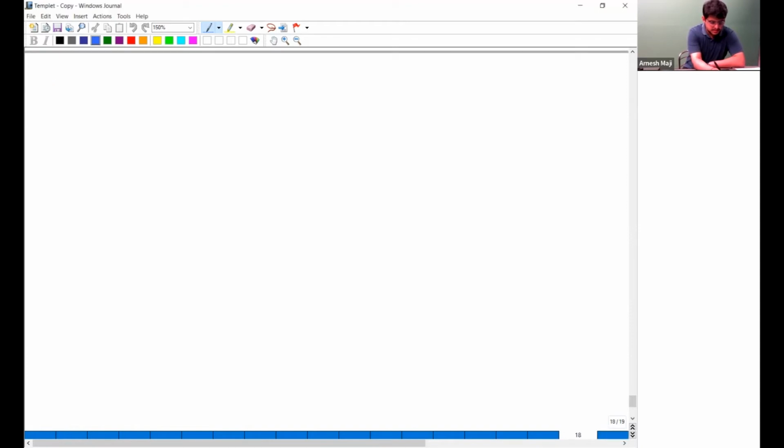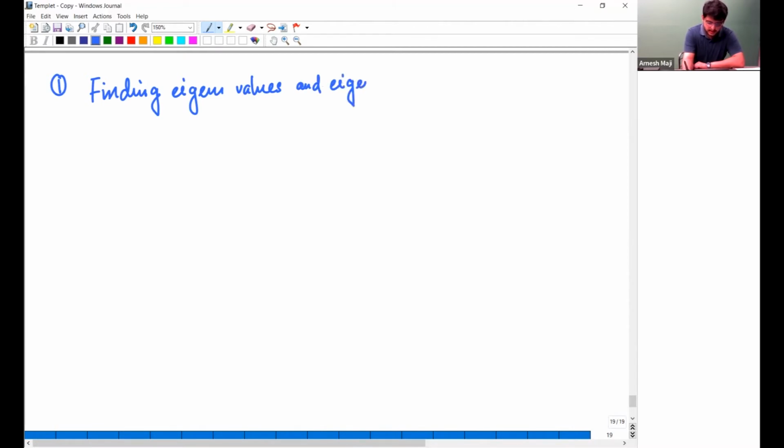So the first problem will be finding eigenvalues and eigenvectors for the given system.